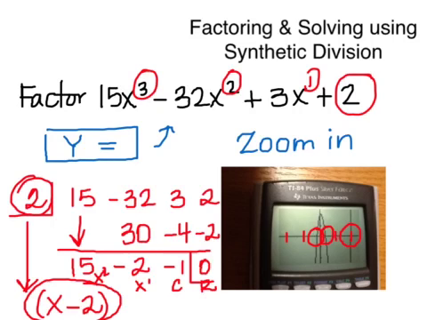So now we can write what the other factor is, which is 15x to the second minus 2x to the first power, so we'll just write x, minus the constant 1 with no x. And so these are two factors of that polynomial. So we have gotten part of the way there. Let's see what happens next.